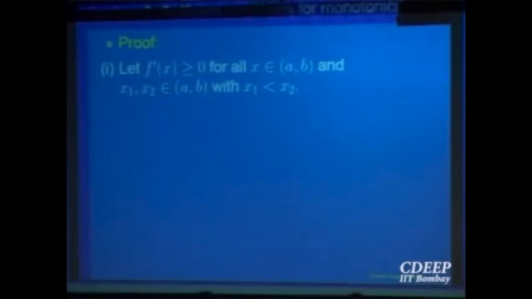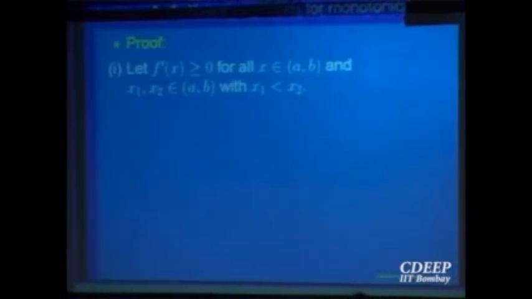Lagrange's mean value theorem says if f is a function in an interval AB, with the appropriate conditions being satisfied, then there is a point C in the interval AB such that (f(b) - f(a))/(b - a) is equal to f prime at C. So it relates the values of the function f(b) and f(a) with the value of the derivative at some point. So that is a connection between the derivative and the values of the function, and that is what we are going to use. So we are given that f prime of x is bigger than or equal to 0 at all points in the interval AB.